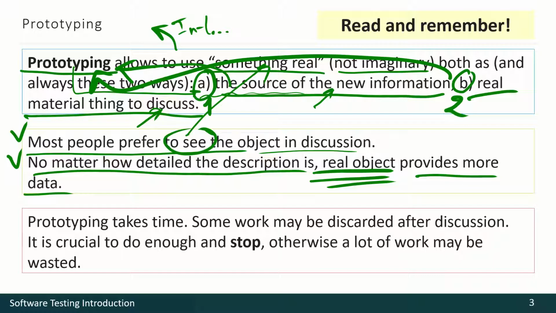Still, we have the cons. Prototyping takes time, sometimes a lot of time. So that's why we usually try to not only make prototypes as is, but to use them in a kind of agile approach, in spiral approach.